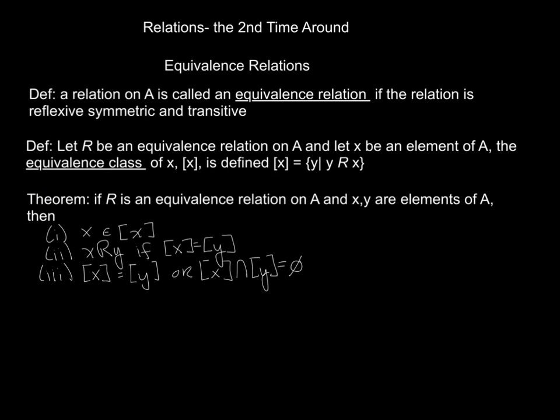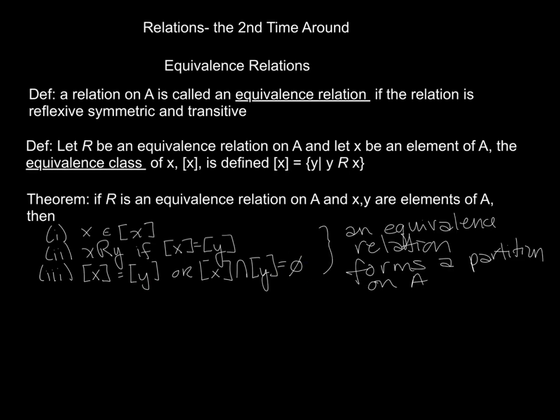If R is an equivalence relation on A and x and y are elements of A, then x belongs to the cell that contains x. And x is related to y if x and y are in the same cell. Either the cells are equal or they are disjoint.